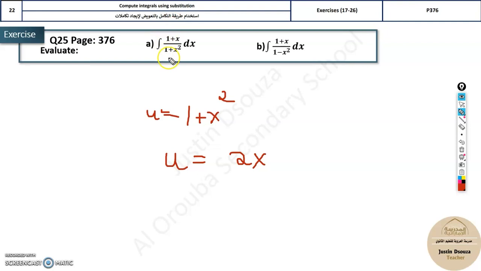Such problems, in the denominator you must have x plus x to the power 2 by 2.